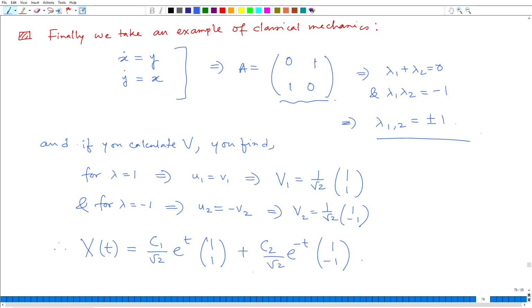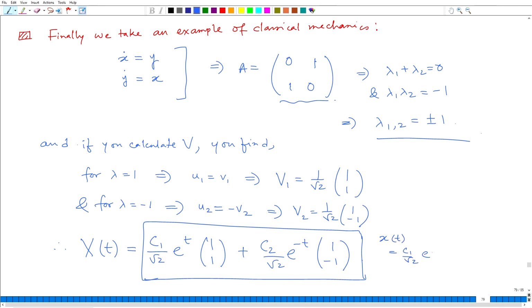And from that, if you just use the initial conditions, you can find the phase space trajectory, and also you can easily see that, just writing for small x(t), it is given by C1 by root 2 e to the t plus C2 by root 2 e to the minus t. Already you can smell a hyperbolic solution, okay. But you have to actually do a little bit of coefficient management for that. Okay. So, this is the case of the saddle point. Okay.